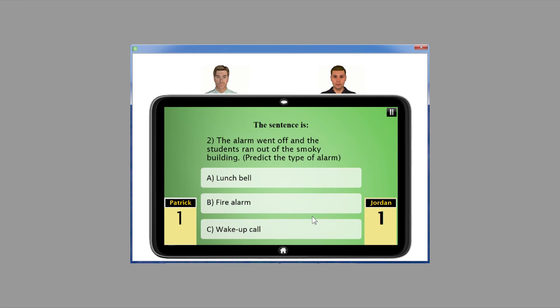The sentence is, the alarm went off and the students ran out of the smoky building. Predict the type of alarm. Patrick, please answer.